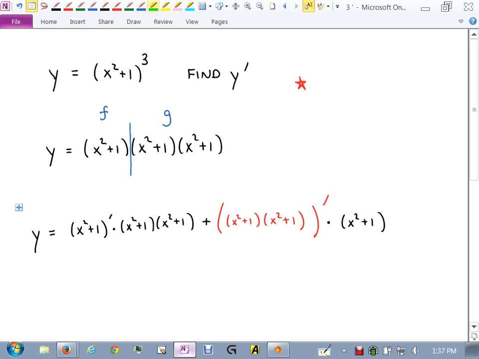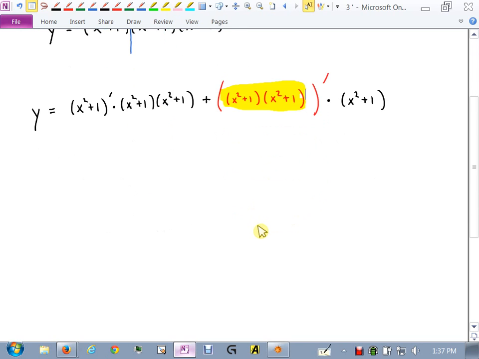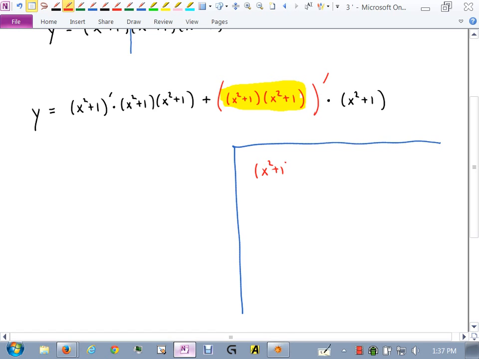So this right here just created its own new problem, doesn't it? That's why I wrote it in red. That's going to be its own little problem on the side. So how about I do that right here? Just try and keep it all on one page. If I were to start a problem out and say, hey, what's x squared plus 1 times x squared plus 1, and I want to find that derivative, you apply the formula.